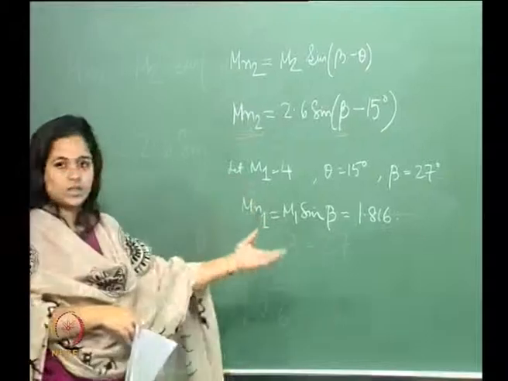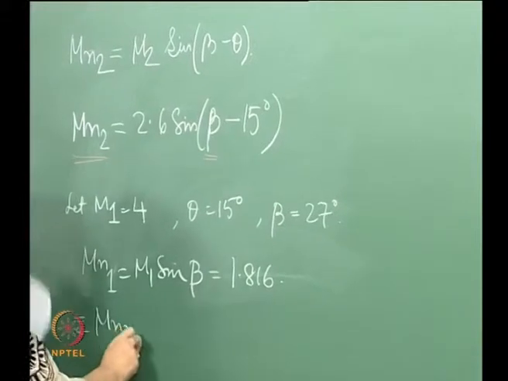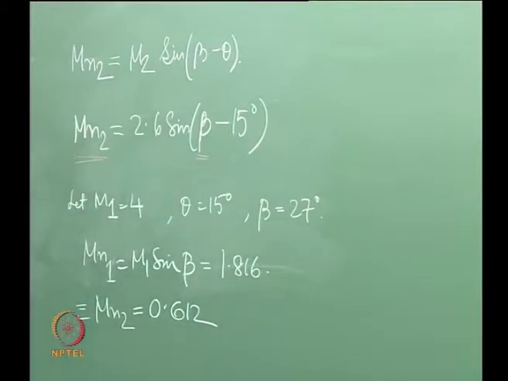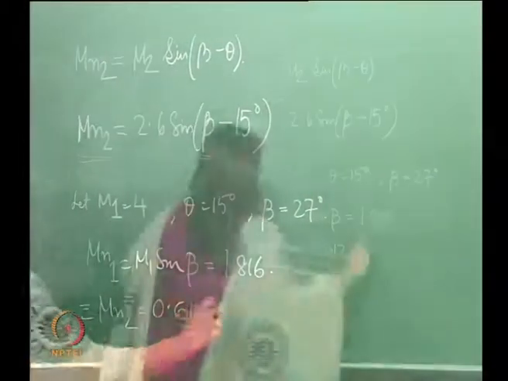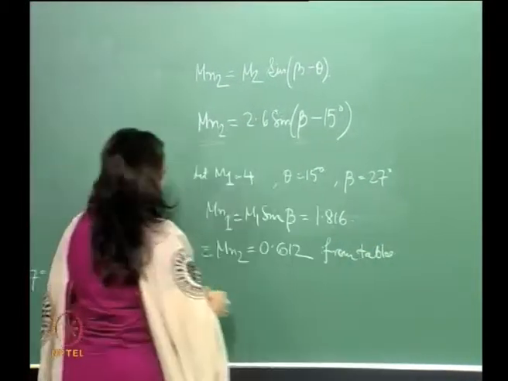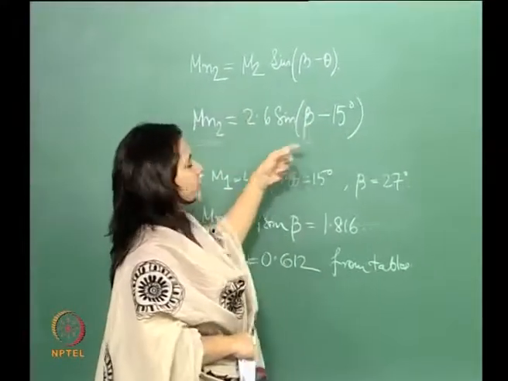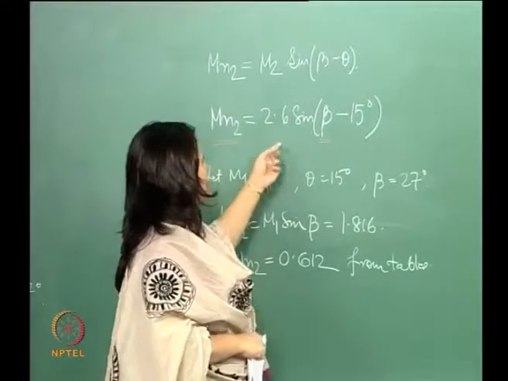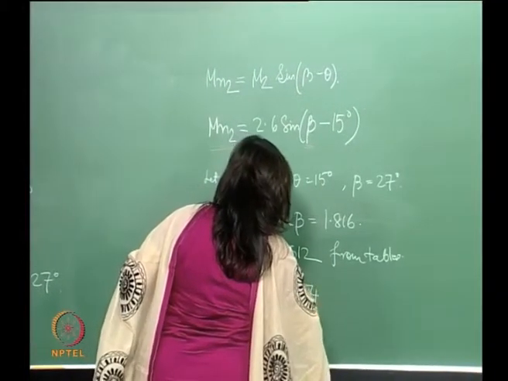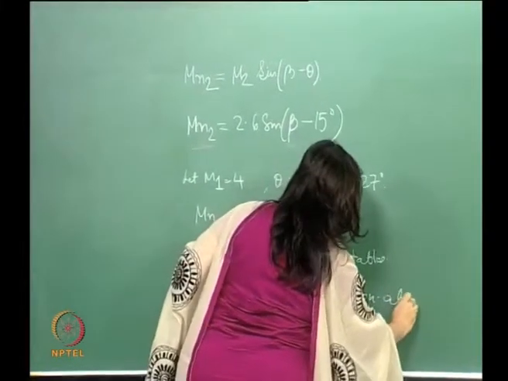Corresponding to this, from normal shock tables, we get an Mn2, which is here. Now, this is what I get from the tables, isn't it? But now, if you put this beta into this equation and calculate it from this relationship, then you get Mn2 as 0.54. This is from the equation that we have written above.